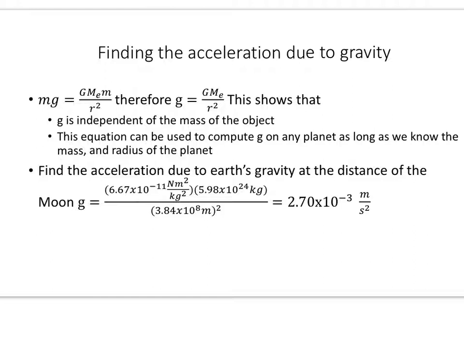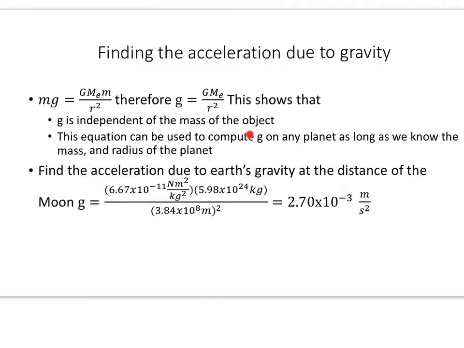Now, it shows a couple of things. First of all, g is independent of the mass of the object. We saw right here that the mass canceled. So this is what we saw way back in the chapter on kinematics, when we were talking about free-falling motion.